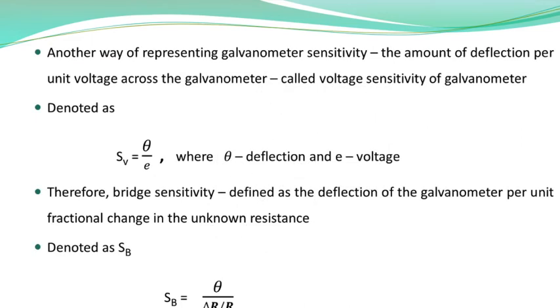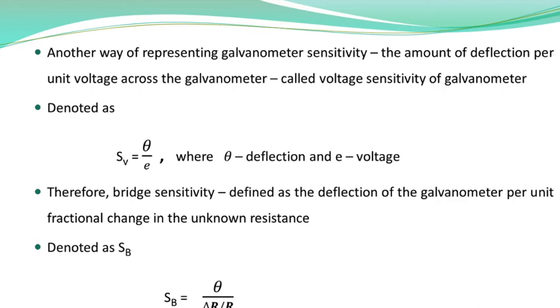Galvanometer sensitivity can also be described as the amount of deflection per unit voltage across the galvanometer, and it is called voltage sensitivity of galvanometer, and it is conveyed as SV is equal to theta by E, where theta is the deflection and E is the voltage.